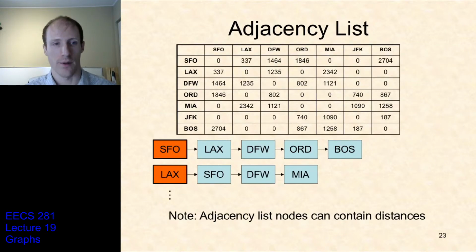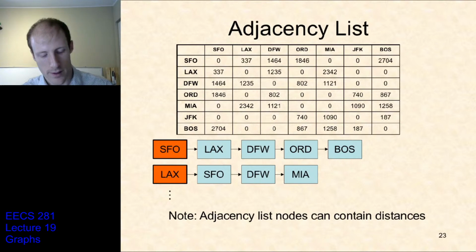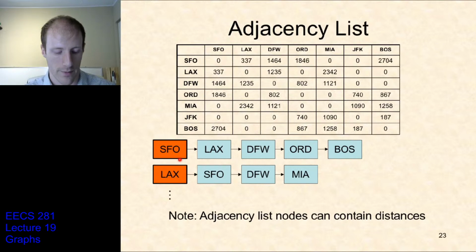Now let's talk about the adjacency list. So here we no longer are going to have a matrix. So cross this out of your head. Instead, we're going to have a list or a vector per airport.